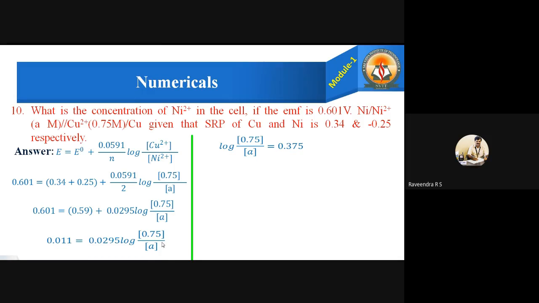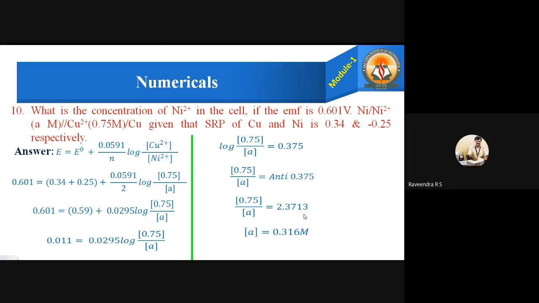Further simplification: let us take this logarithm ratio to the left side. Log of 0.75 divided by A concentration equals 0.375, on simplification of this side. Next, 0.75 divided by A equals antilog of 0.375, and therefore 0.75 divided by A equals 2.3713.